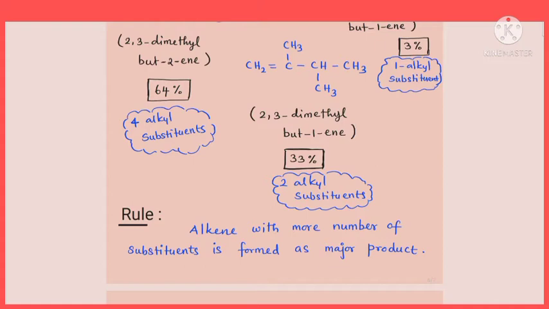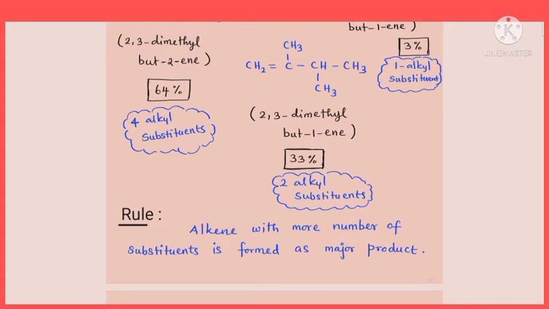That is Saytzeff's rule. If several alkenes can form, the alkene with more substituents is formed as the major product.